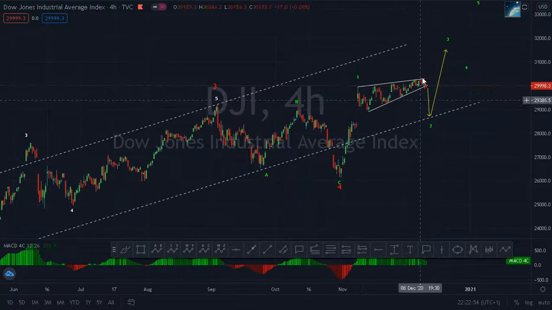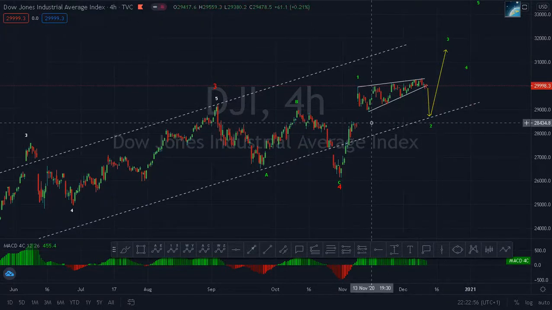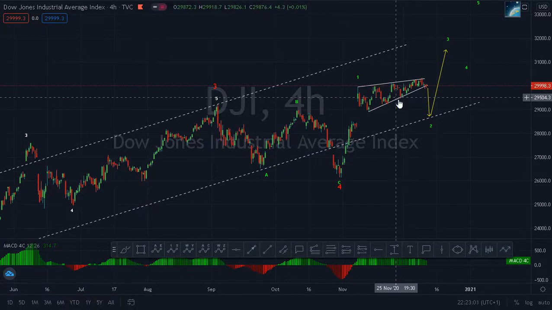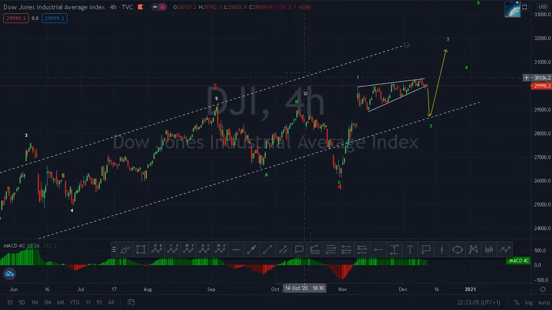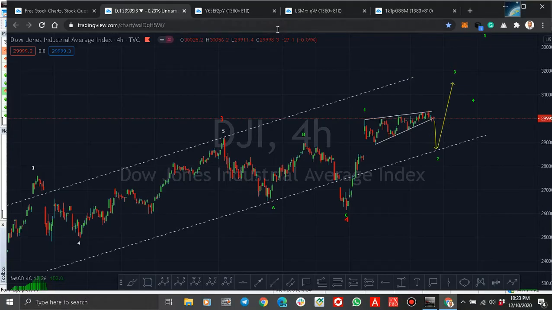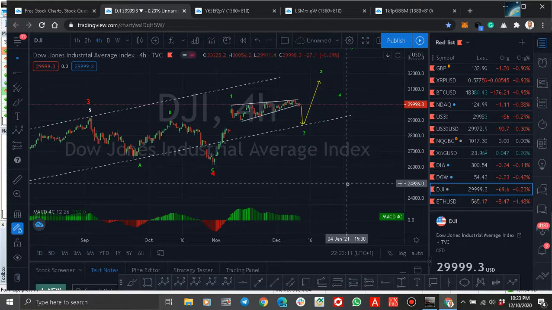This will be a leading diagonal, wave 3, 4, 5, and so on. So the market is a buying market, but because of this triangle, somebody can sell towards here. Okay, I'm not going back to 1 hour. There's nothing to show on 1 hour. Then what again are you going to look at?